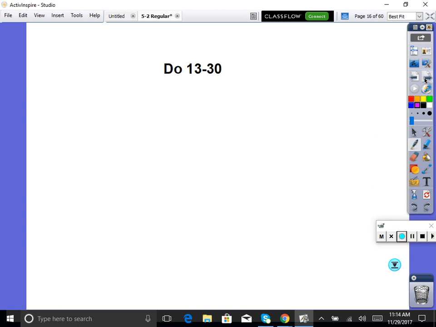Do 13 through 30, switch back and forth. One of them is asking you to go to radical form, and one of them is asking you to put it back as a rational exponent. It says rewrite the cube root of 2y squared in radical form. Okay, so question, is y and 2 both squared? Only y is squared.